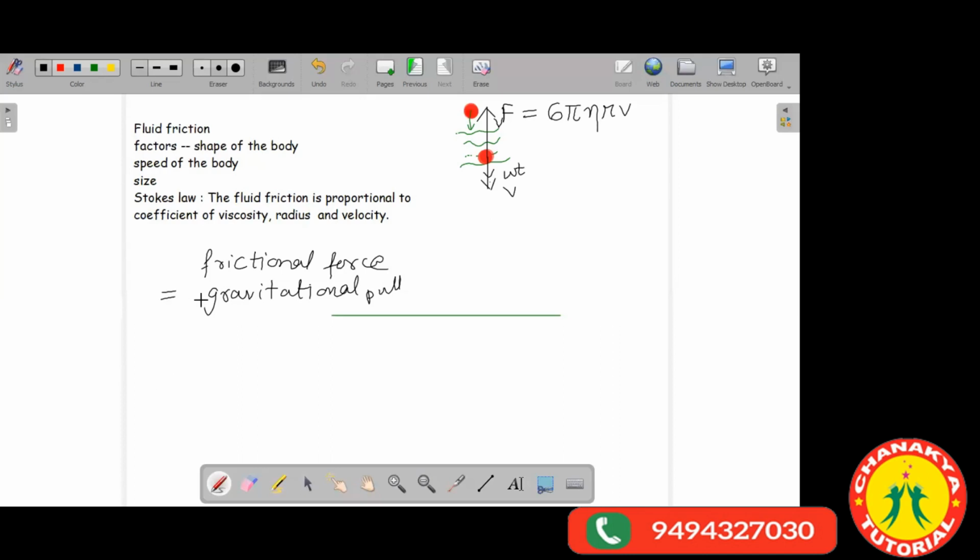Should the ball stand over there only? Jaswant, what should happen? Should it stand there?